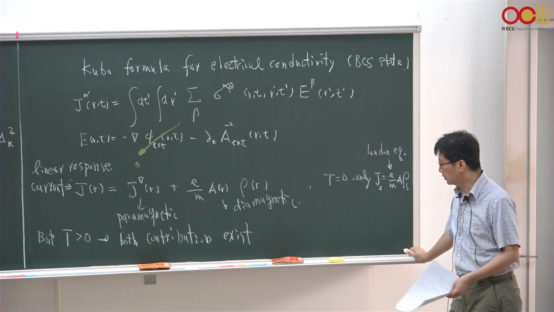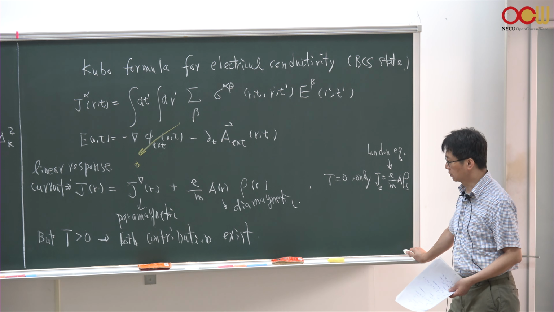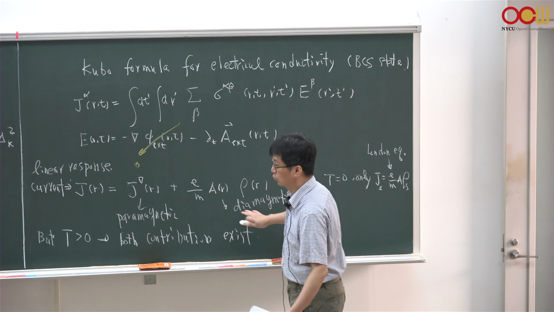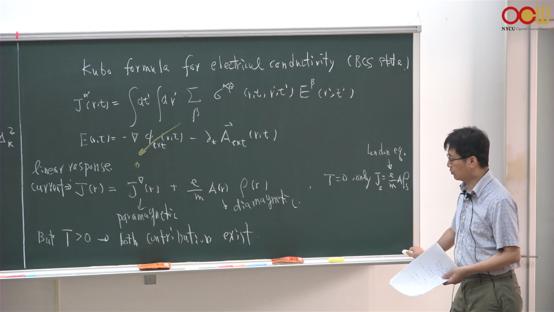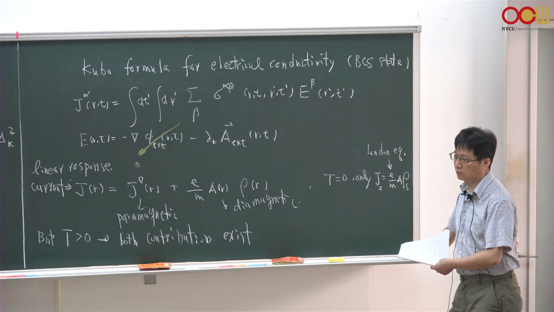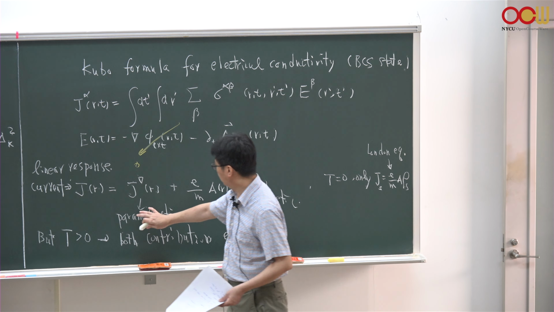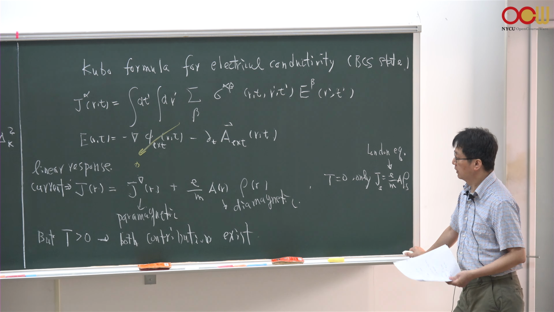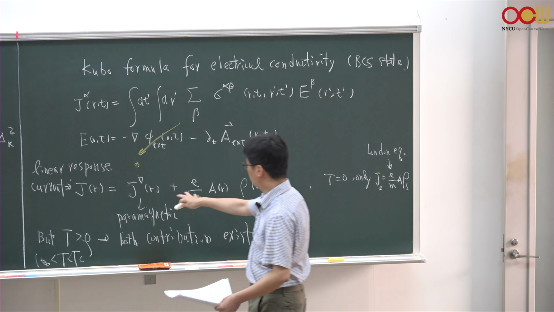The only difference is that now we are discussing the BCS state rather than ordinary metals. In the BCS state, there will be supercurrent made of Cooper pair electrons, and they satisfy the London equation and Meissner effect. But for ordinary metals, there's only the paramagnetic part of the response current. At finite temperature below Tc, we have both contributions.